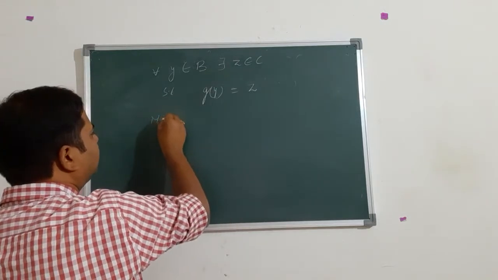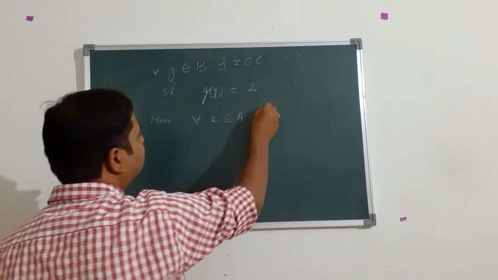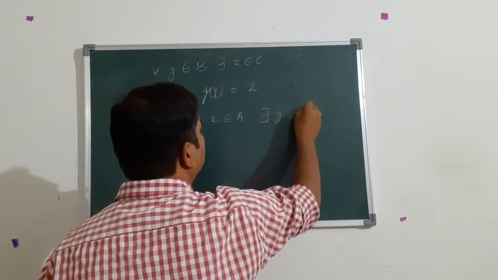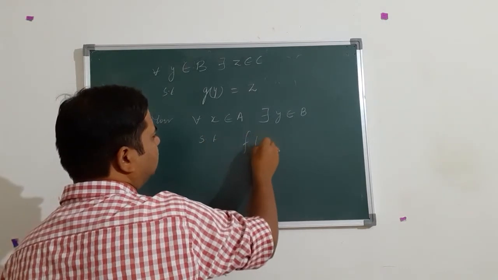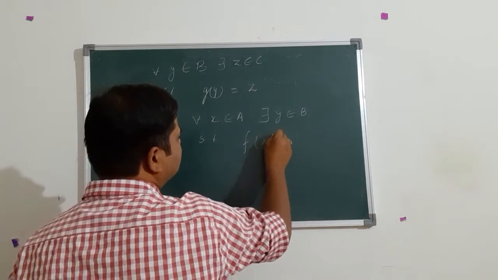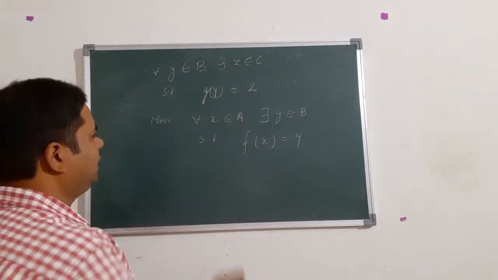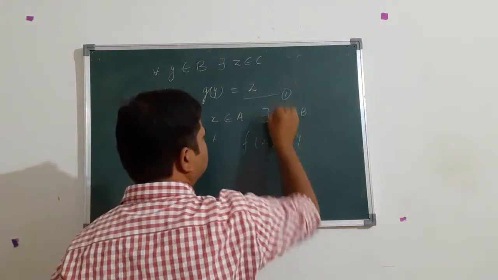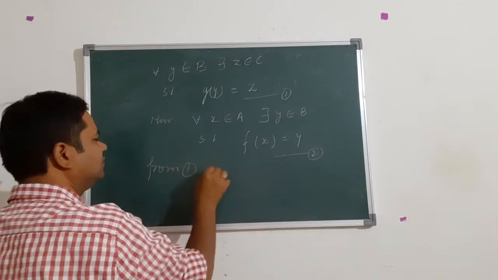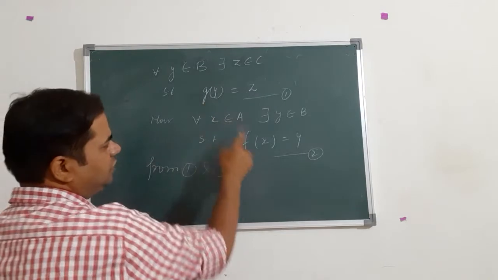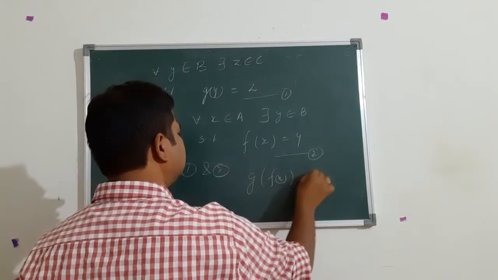Now, for each x belonging to A, there exists y belonging to B such that f of x is equal to y. Okay? So suppose this is 1, this is 2. From 1 and 2, in place of y we can write f(x), this is z.